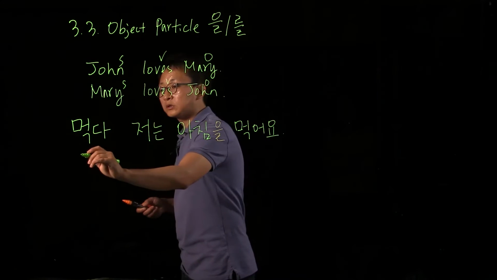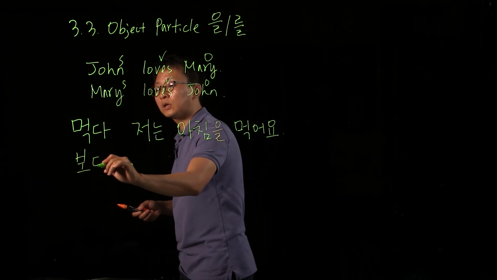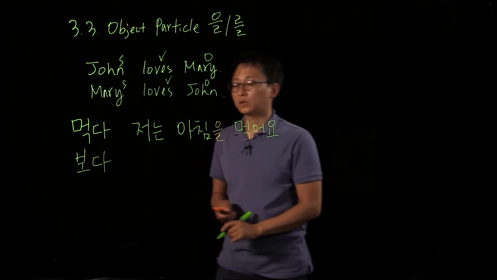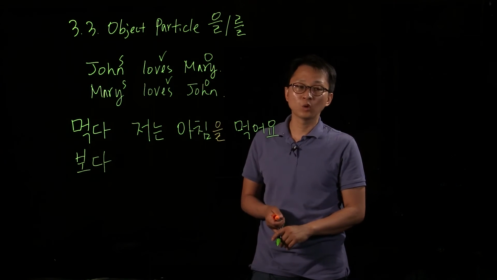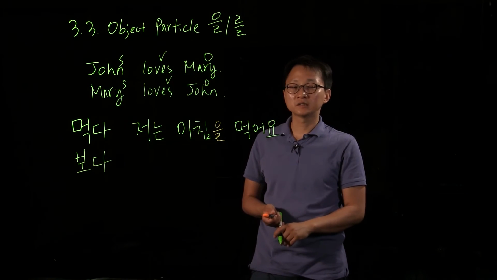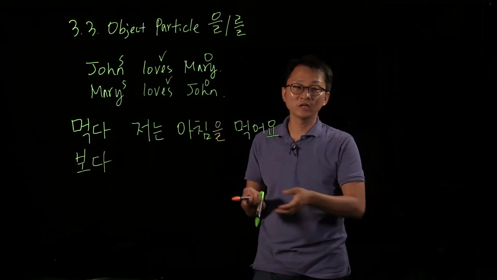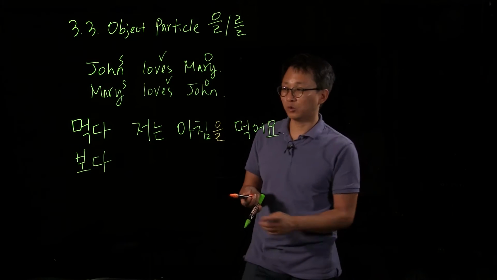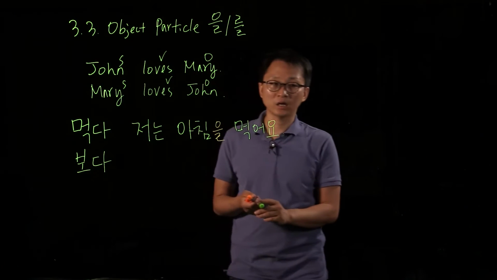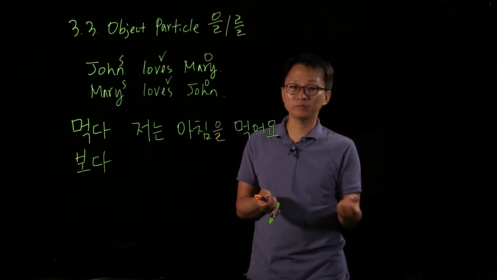What about this? 보다. See or watch. 저는 봐요. I see. It doesn't have the meaning of I understand. Korean sentence 저는 봐요. Then what do you see? What do you watch? Let's say I'm watching a movie.